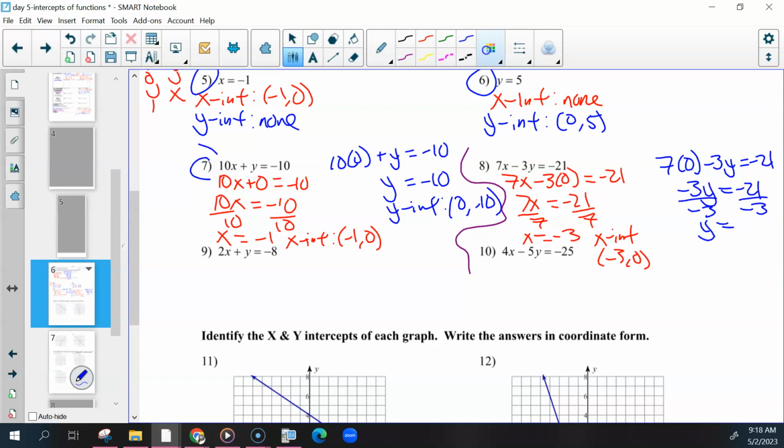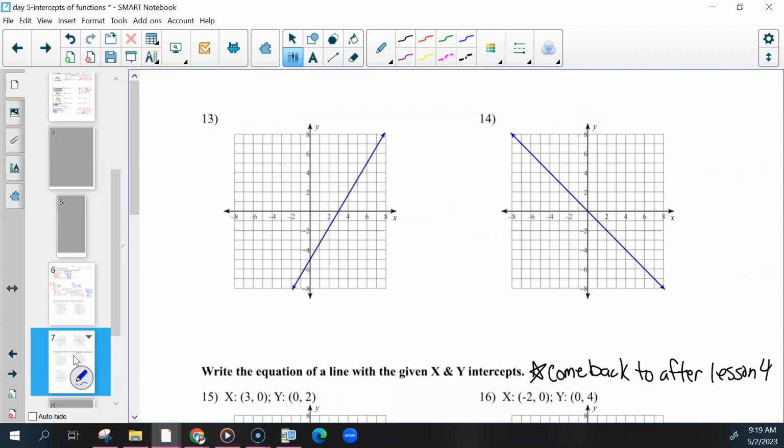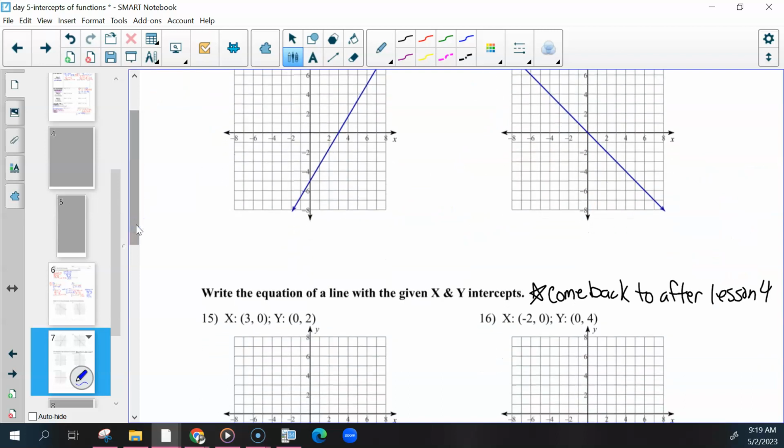Positive 7. I would write that answer. Any others on this page we want to see, do, go over, review? If not, go on to the next page. Any on that page we want to see, do, go over, review?